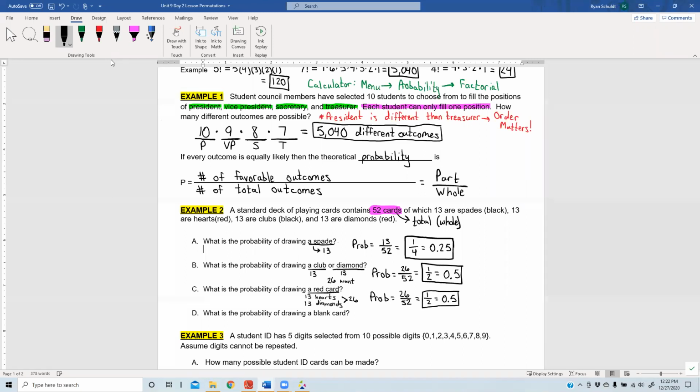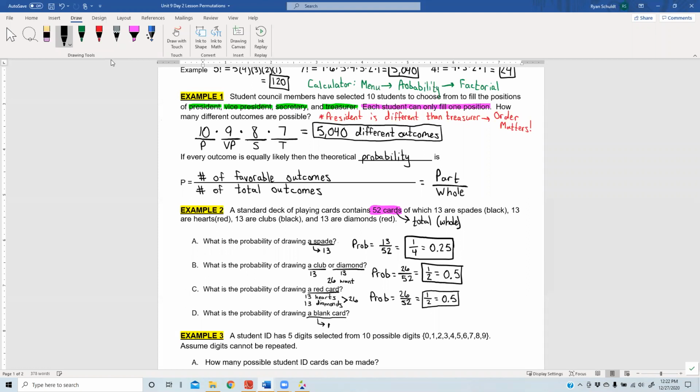And part D, I'll throw y'all a curveball. What's the probability of drawing a blank card? A blank card. That's not a typo. I didn't say black. I said a blank card. Are there any blank cards in the deck? Assuming the manufacturer did not make a mistake, no, it can't happen.